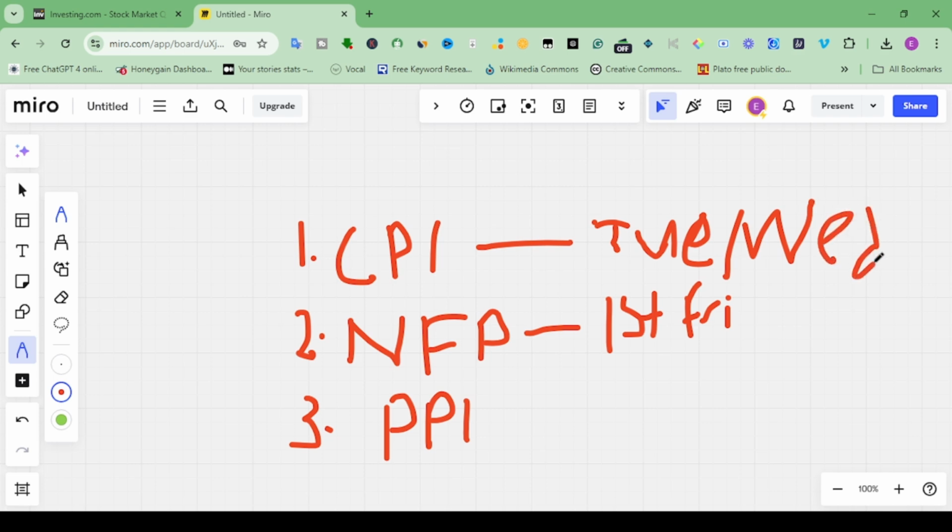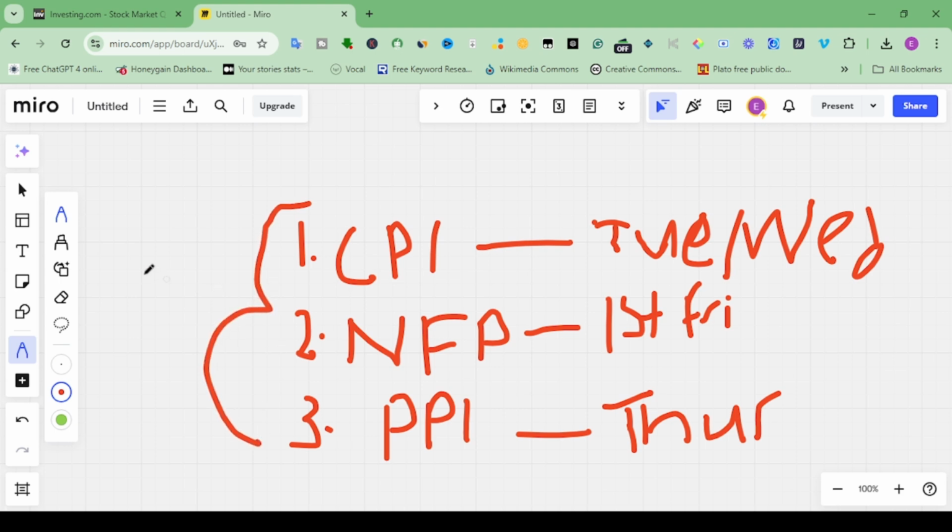The PPI comes out either Wednesday or Thursday the following week, the same week as the CPI. They normally all come out around 1:30 p.m.